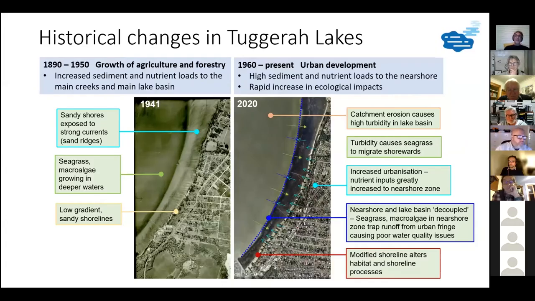Most significantly, probably, especially in this part of the lake, during the Tuggerah Lakes Restoration Project, when there was an effort to dredge the macroalgae and seagrass from this zone, and that dredge spoil was used to create these artificial shorelines.